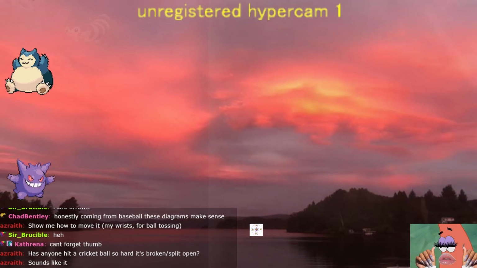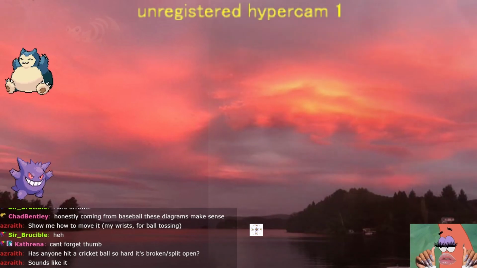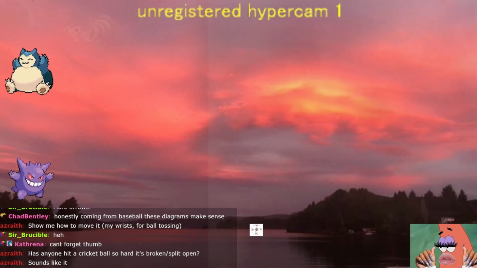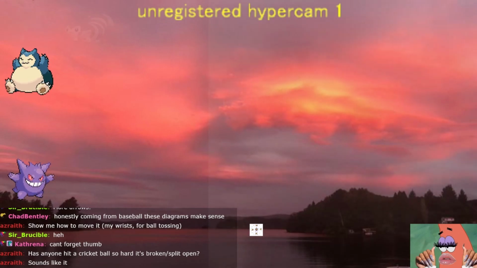The more a ball ages, generally the harder it is to make it do anything, especially as a fast bowler. It will become softer and softer over time. Yeah, that makes it kind of tricky. So you'll often see, as soon as you can take a new ball, bowling teams will take the new ball.